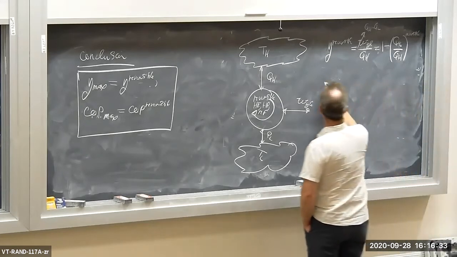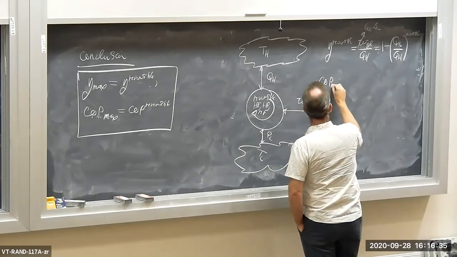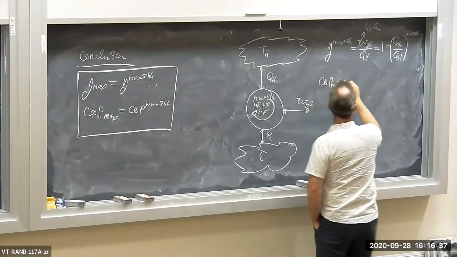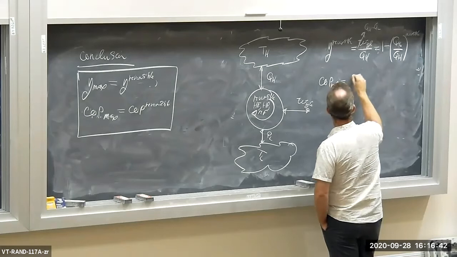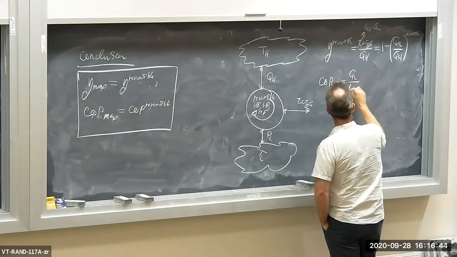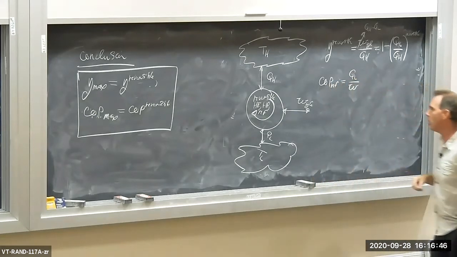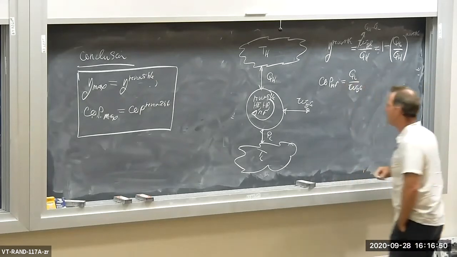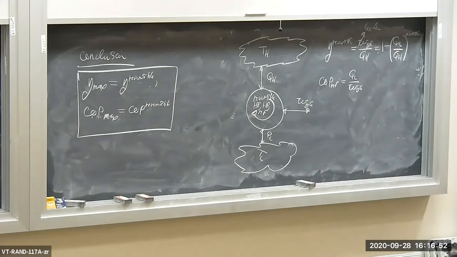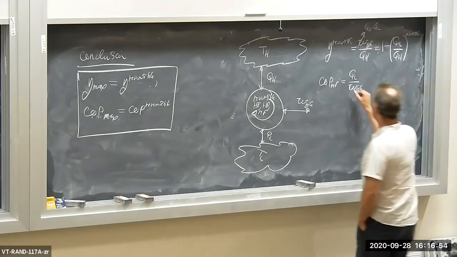COP, let's say for a refrigerator. The benefit for a refrigerator, what we're trying to do is transfer heat from the low temperature reservoir, and we must apply work over the cycle to do it. Work cycle is Q high minus Q low.